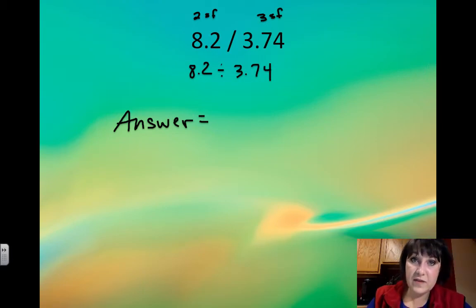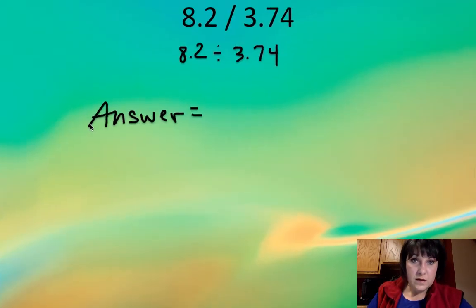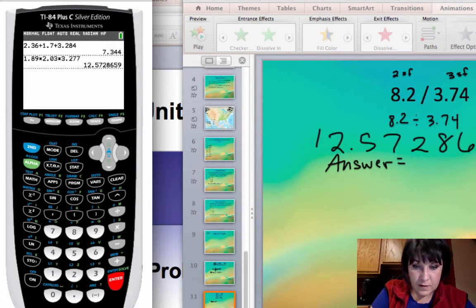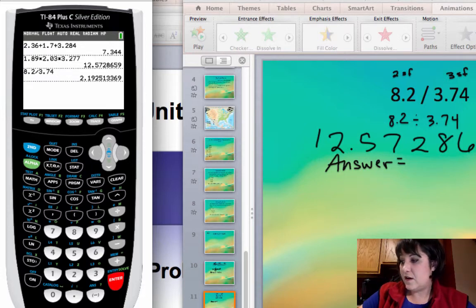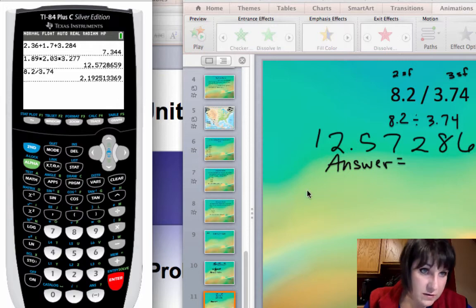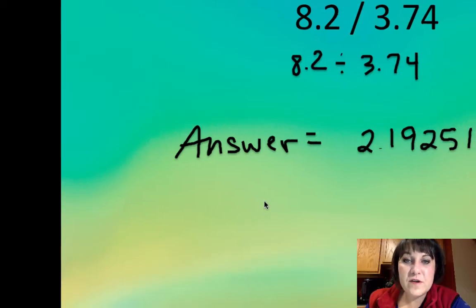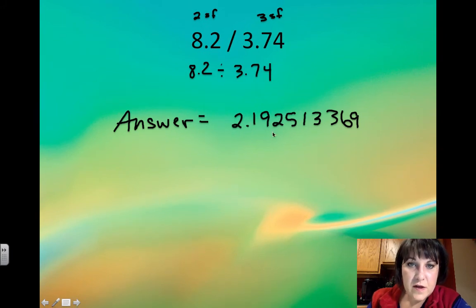So let's do the math. 8.2 divided by 3.74. 2.19. Ooh, that's a lot of digits that I don't need. I am restricted to 2 sig-figs. Okay, so here's my whole entire answer, but I only get to keep 2 sig-figs because 8.2 restricts my answer.